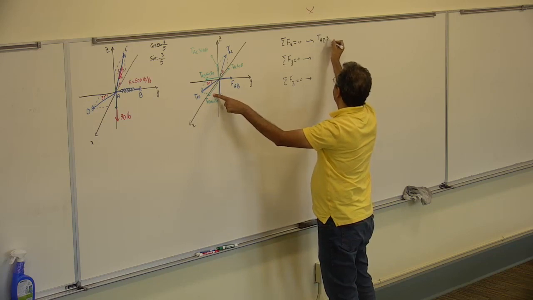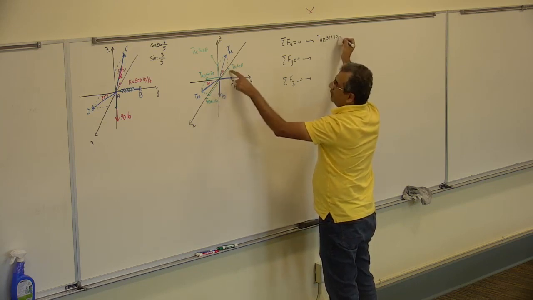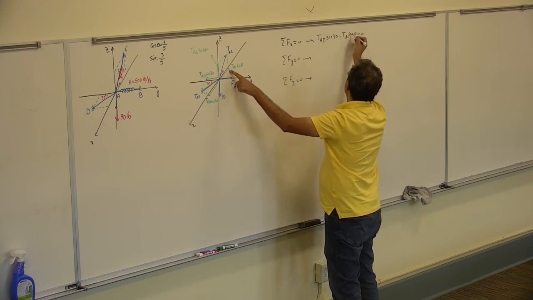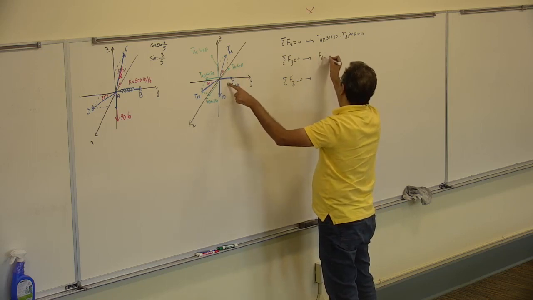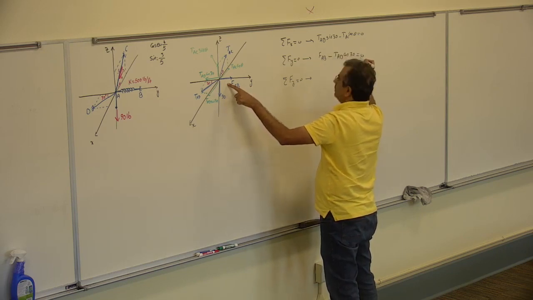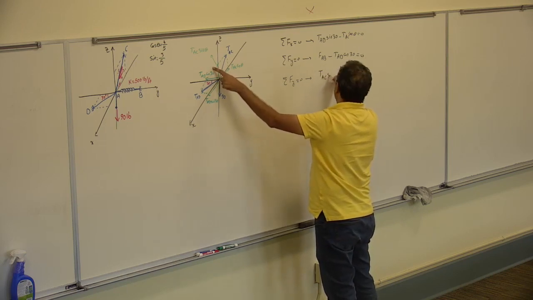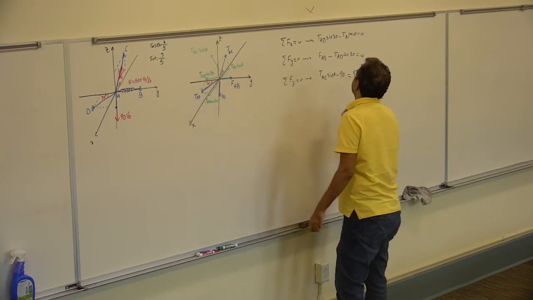TAD sine 30 minus TAC sine theta equals 0. On the y, we have FAB minus TAD cosine 30 equals 0. And on the z, we have TAC sine theta minus 90 equals 0.